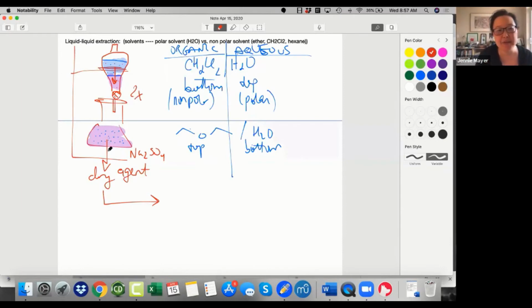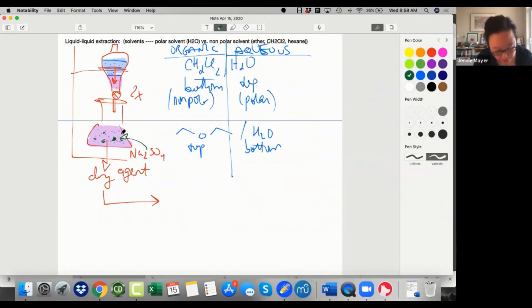And then you would combine all those, you would add sodium sulfate crystal, and let's show that with this green stuff here. Okay, let's say that's the sodium sulfate drying agent. That's gonna soak up any water droplets and the crystals swell up. And then you check it out and you see if the crystals have gotten bigger. If they have, that means there might still be water that you're missing out on, so you add more.